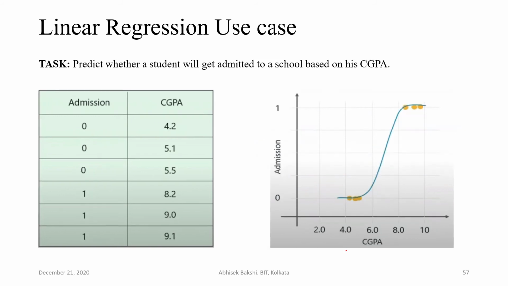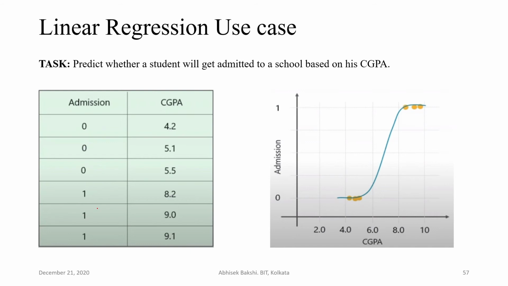And similarly, I'm sorry, it's not a linear regression use case, it's a logistic regression use case. Since it is logistic regression, depending on the various CGPA, there are only two classes: either admission is taken or not, with nothing in between.